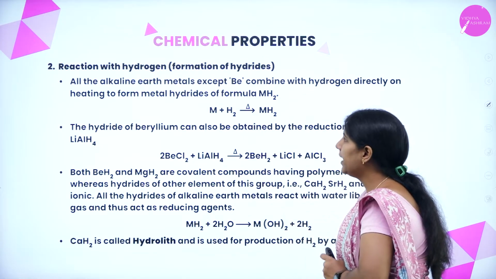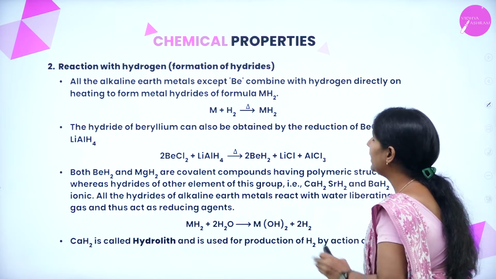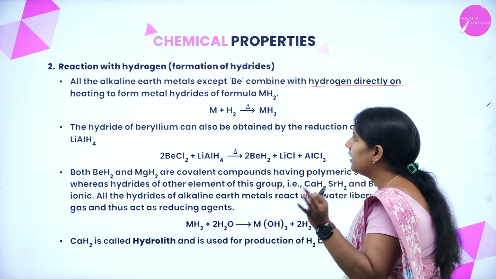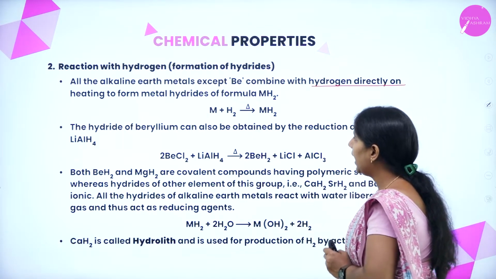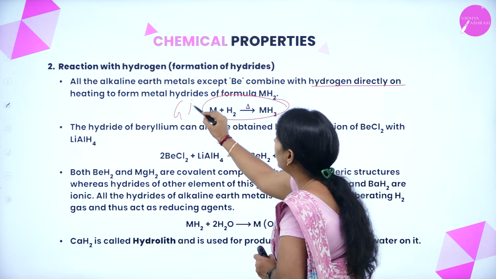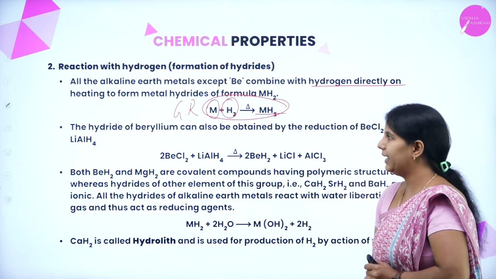Next is reaction with hydrogen. All alkaline earth metals except beryllium combine with hydrogen directly, forming a metal hydride. So you can see that this is a general reaction where a metal combines with hydrogen, forming a metal hydride.